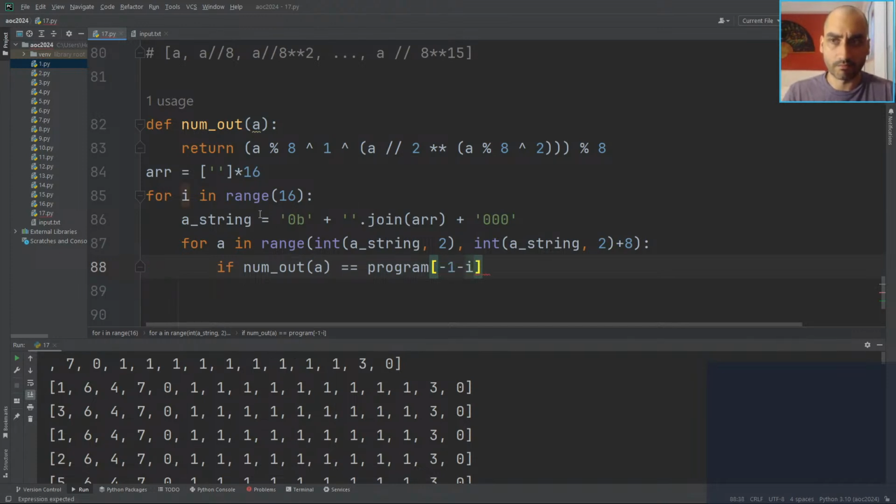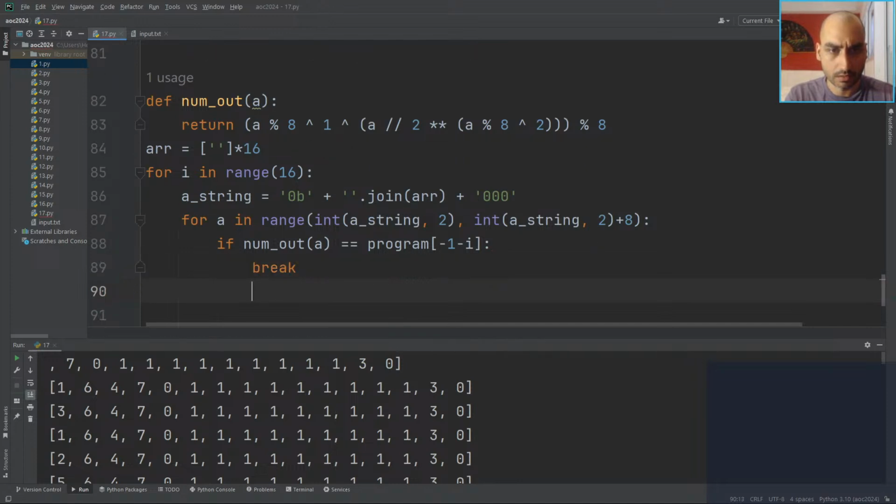So we start from -1 and work backwards. Then this A is the one we want, so we want to break here. There should always hopefully be 1, otherwise we're kind of screwed.